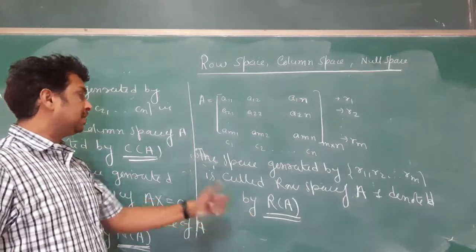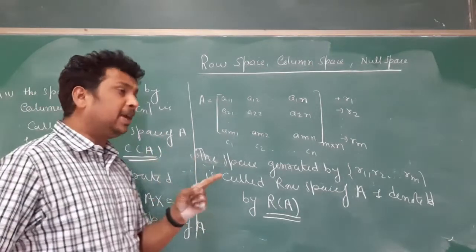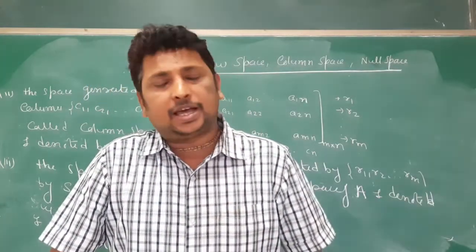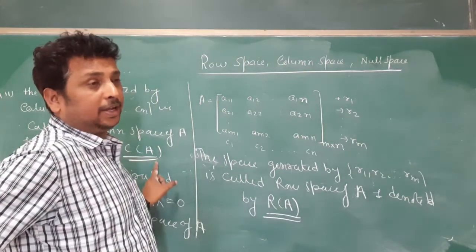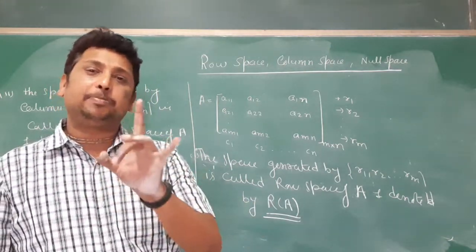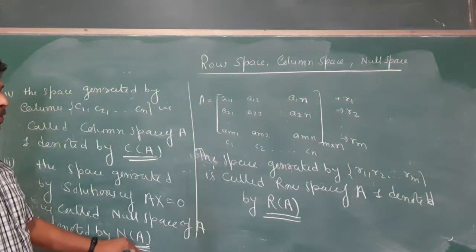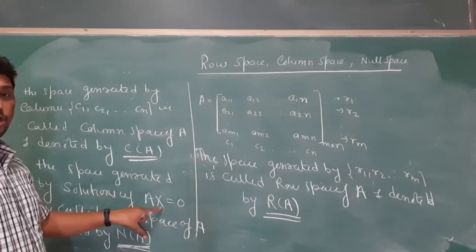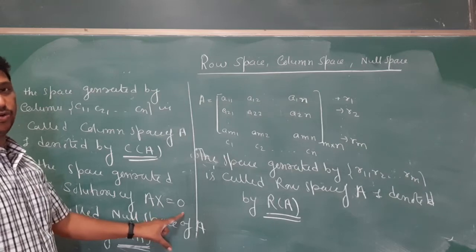Dimension of row space is equal to dimension of column space. It means the number of elements in the basis of the row space is always equal to the number of elements in a basis of the column space. Null space is separate. Null space means the solution of Ax is equal to 0.